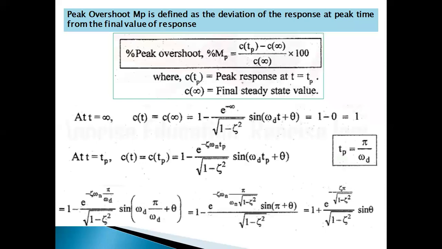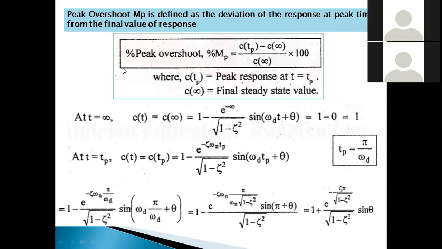Mathematically, percentage peak overshoot is peak value minus final value by final value into 100. That is called peak overshoot.